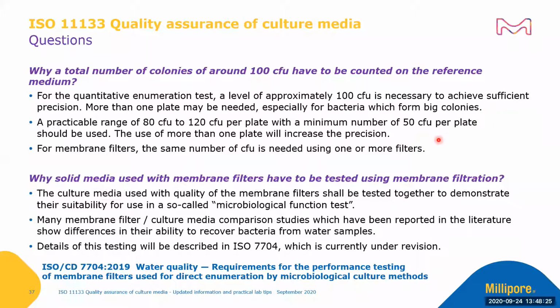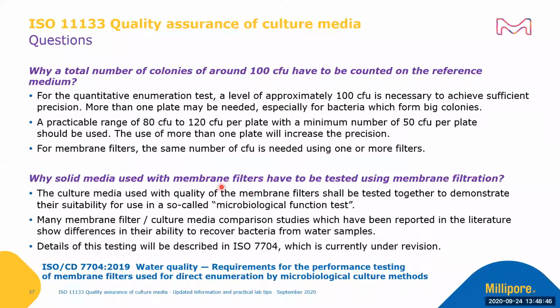A practicable range of 80 to 120 CFU per plate, with a minimum of 50 CFU per plate, should be used. The use of more than one plate will increase the precision. And for membrane filters, the same number of CFU is needed using one or more filters.